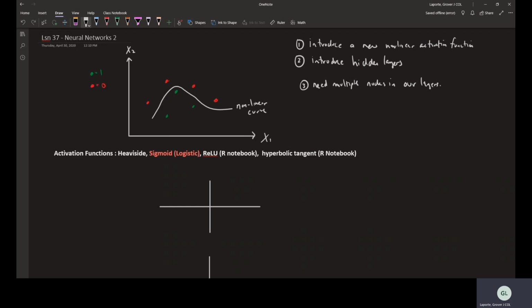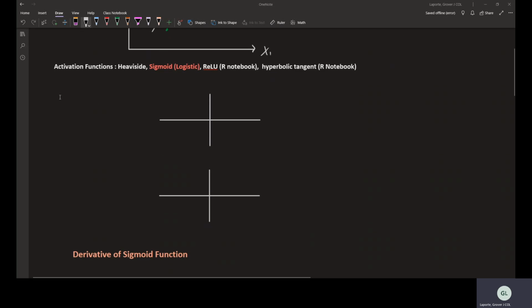We've seen already where we have multiple nodes in an input layer. Today what we need to talk about is if I have multiple output or hidden nodes. That's what's going to take us from dealing with vectors to dealing with matrices.